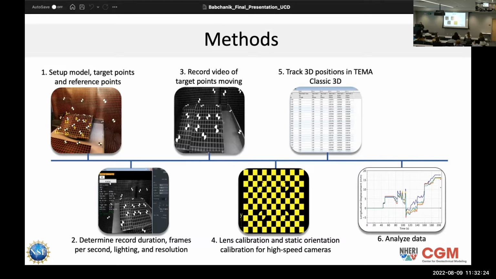I then calibrated the cameras to determine position, orientation, and lens distortion as well, because that improves accuracy. And then I also tracked points with TEMA Classic 3D software, using quadrant symmetry or correlation plus, and those are the 2 algorithms that I used to track my points. And then I calculated displacements and then graphed it in Jupyter Notebook and analyzed the data.